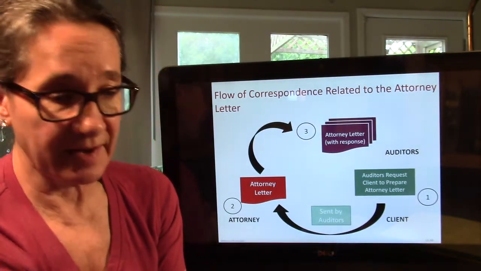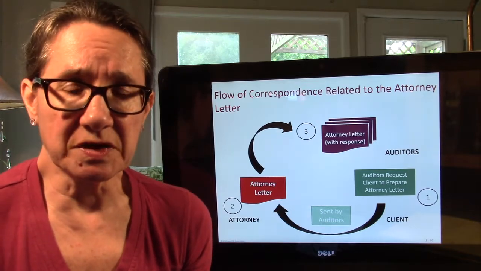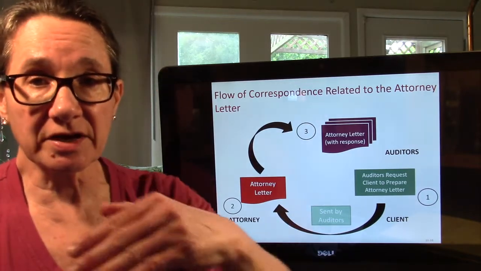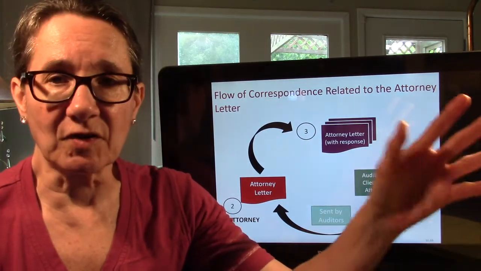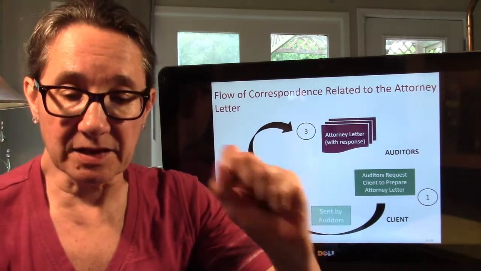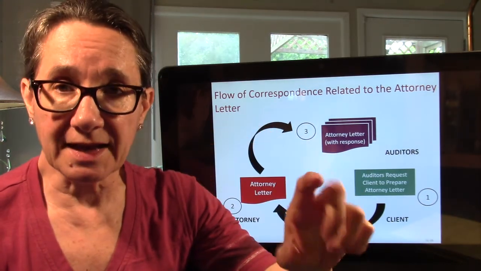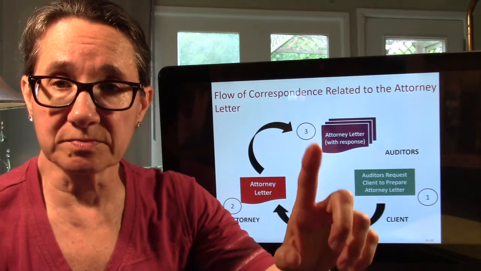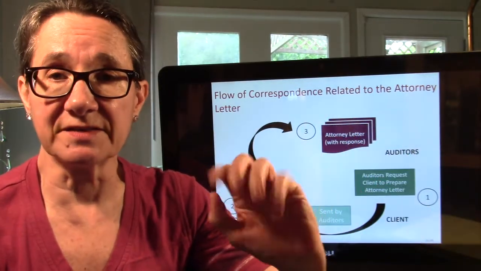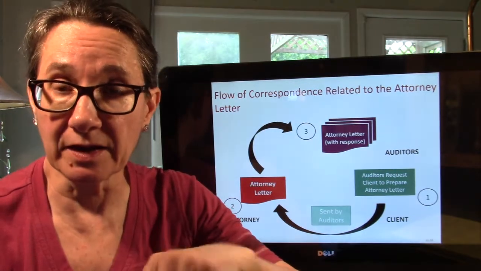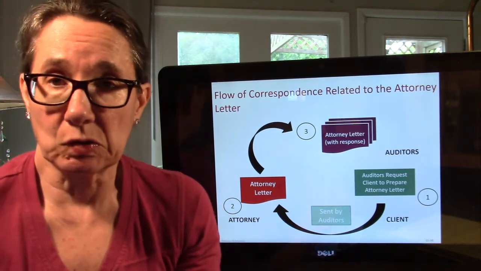So when you find who's suing them, how much they're suing them for, and who the attorney is, you're going to write to that lawyer, that law firm, and ask them how likely they think it is that they'll win or lose the lawsuit, and if they do lose it, how much would they have to pay? You're trying to find out about contingent liabilities because they can be quite large.